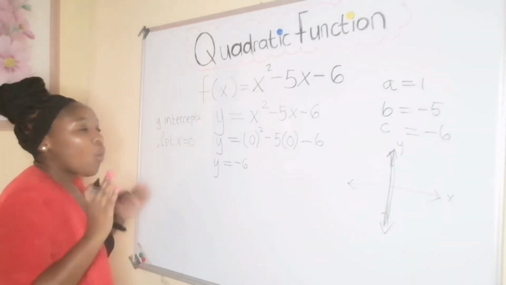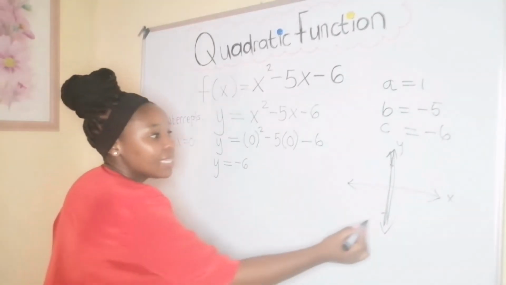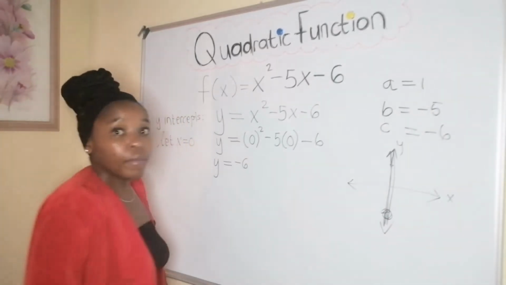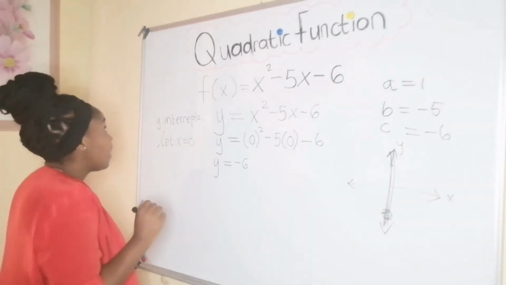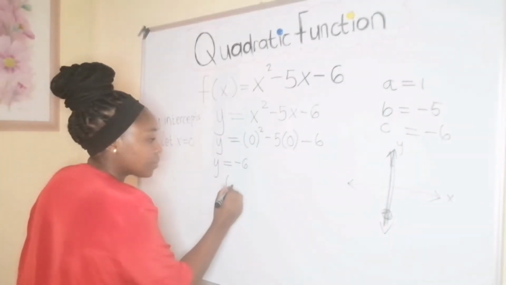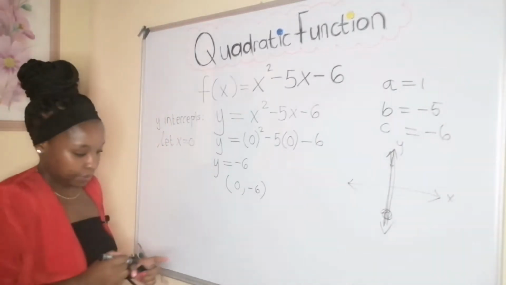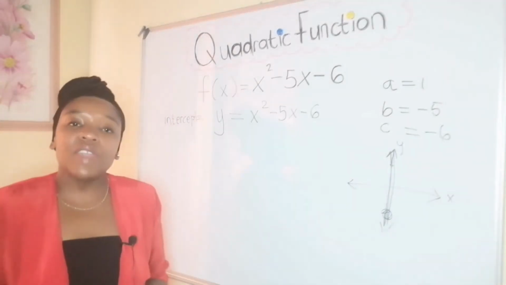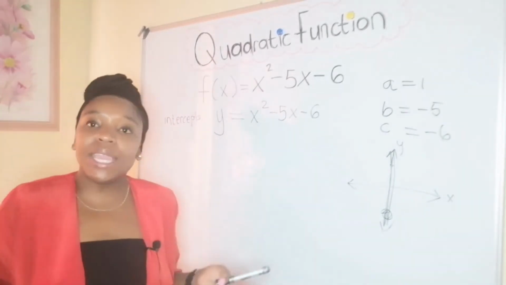So the y-intercept of this quadratic function is at minus 6. So it is somewhere down there, right? So we've already found one point of our quadratic function. So our y-intercept is 0 and minus 6.